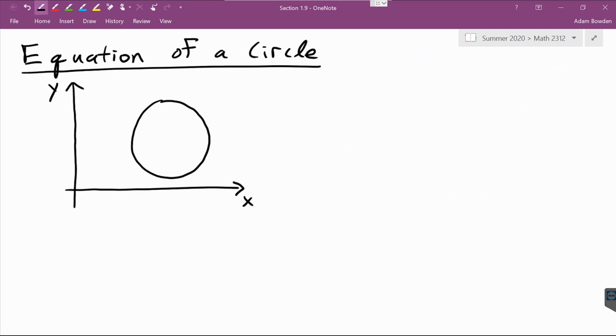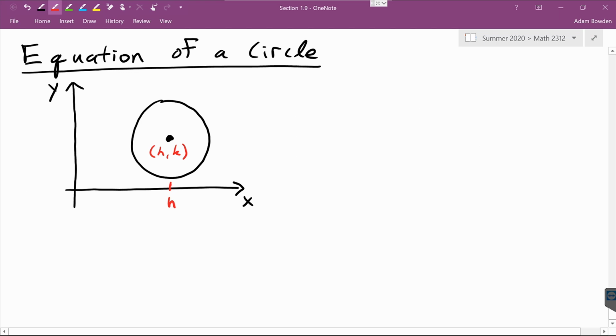So next shape let's talk about is a circle, and in this particular situation we're actually going to figure out what the equation is for this circle. So if we're just looking at a circle here, but we're considering that it's inside the xy plane, we're going to start figuring out what parts we can label and what the equation will turn into. So for instance, first off, the center of our circle, let's give it the coordinates h, k.